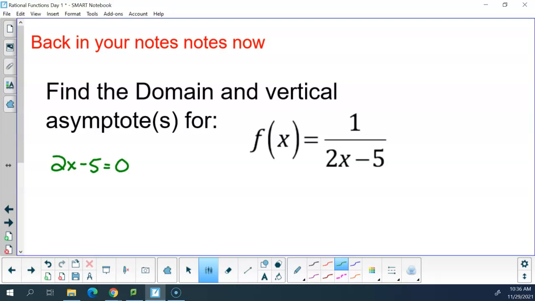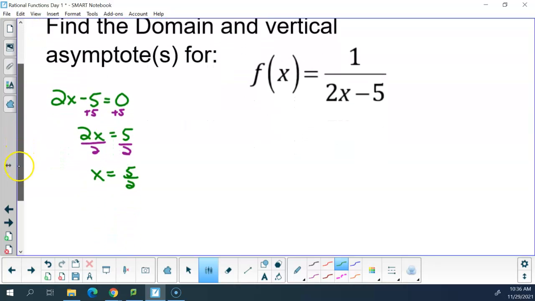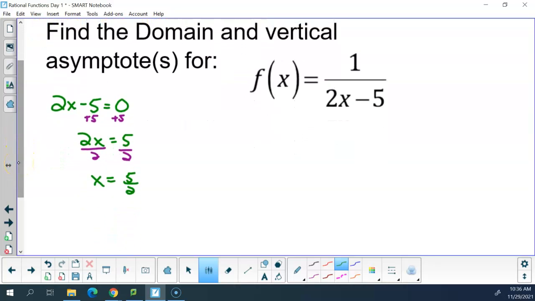Add 5 to both sides. 2x equals 5. Divide both sides by 2. x equals 5 halves. Okay. So, the domain of this function is what?